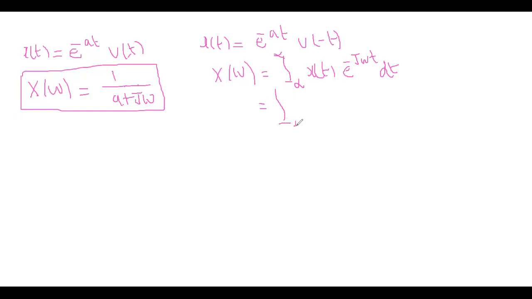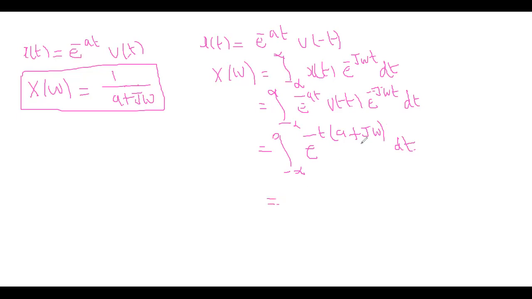Integral from minus infinity to infinity e power minus at mu of minus t e power minus j omega t dt. Okay, my dear students, mu of minus t is 1 in the range of minus infinity to 0. So e power minus, you can take a plus j omega as common, a plus j omega into dt.